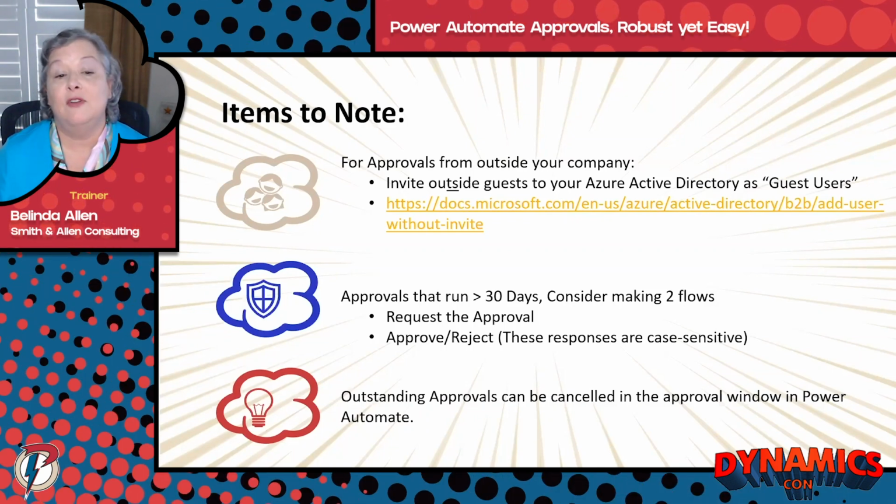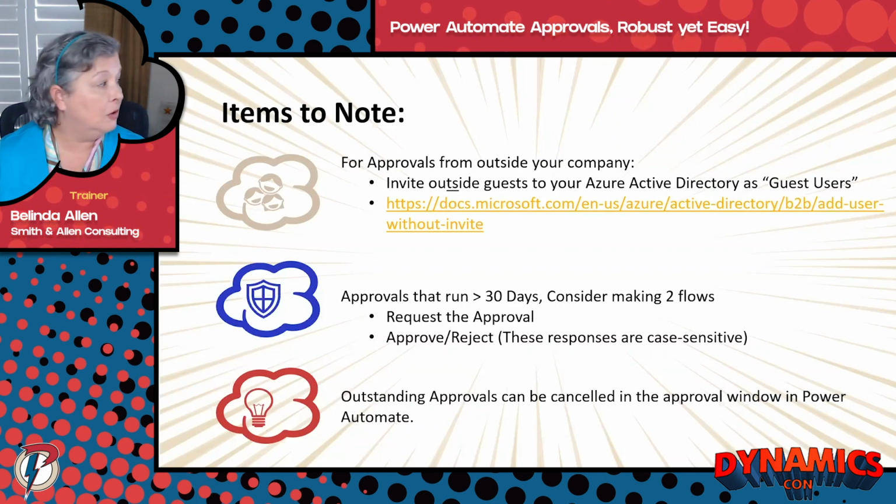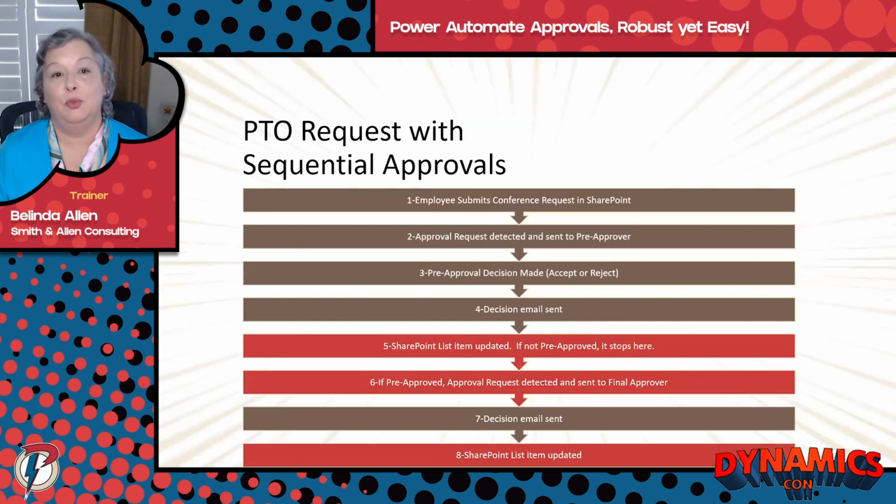And then finally, from Power Automate, from that approval area, you can cancel out an approval. So if you have something outstanding, you can go ahead and cancel it out without it finishing the cycle if you want to.